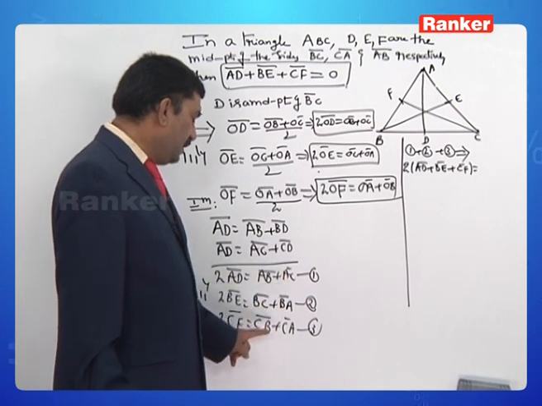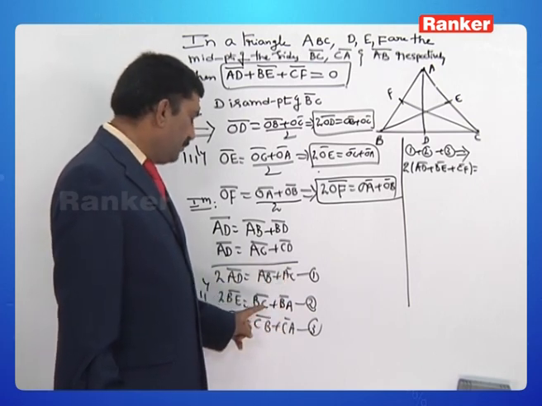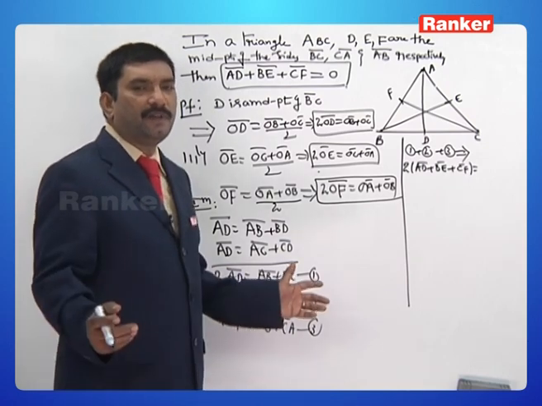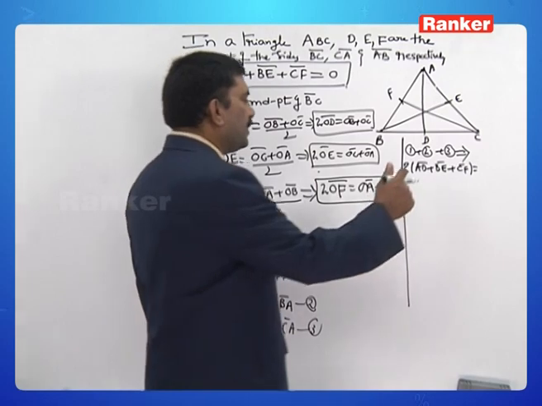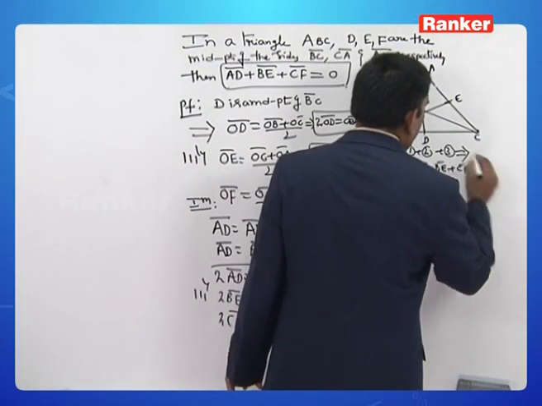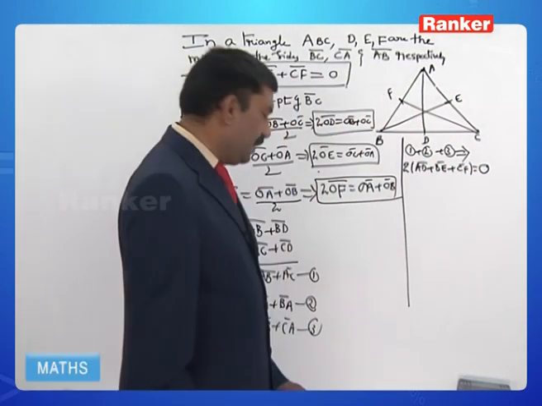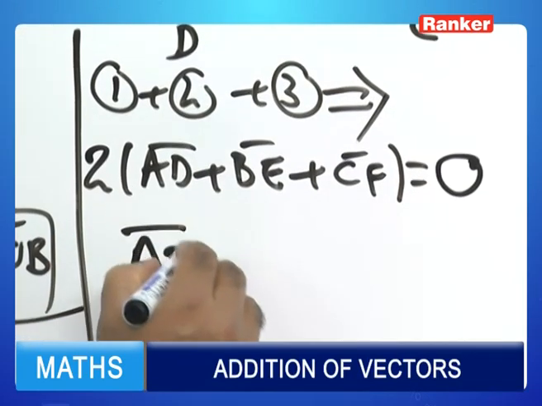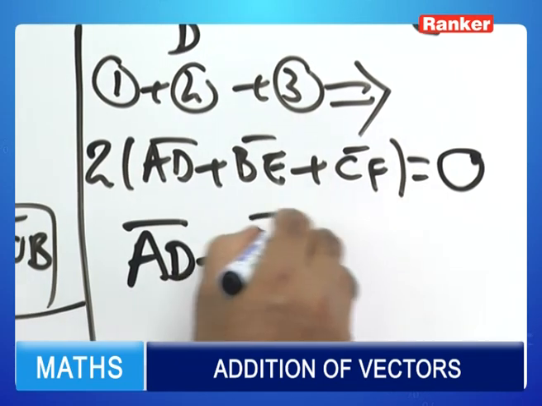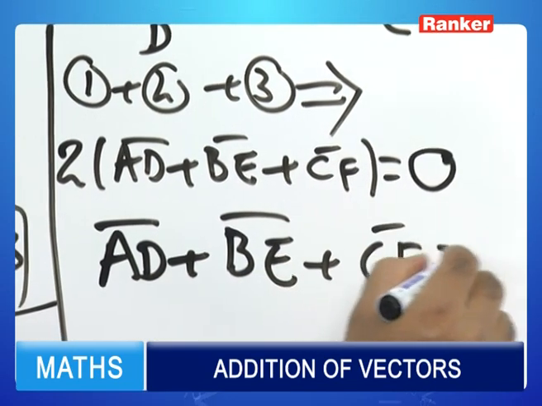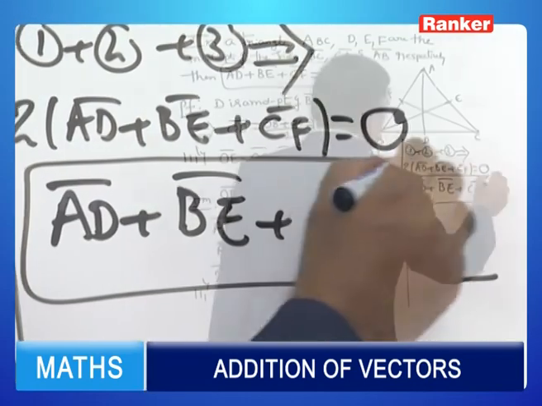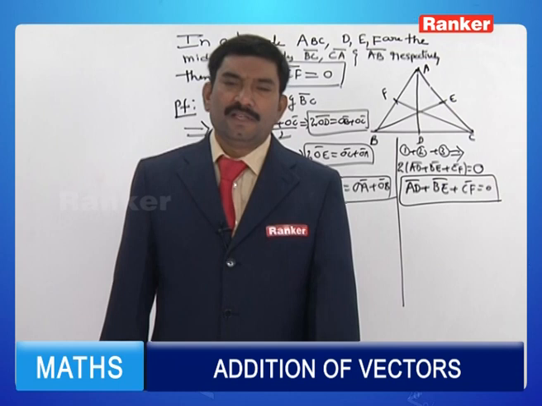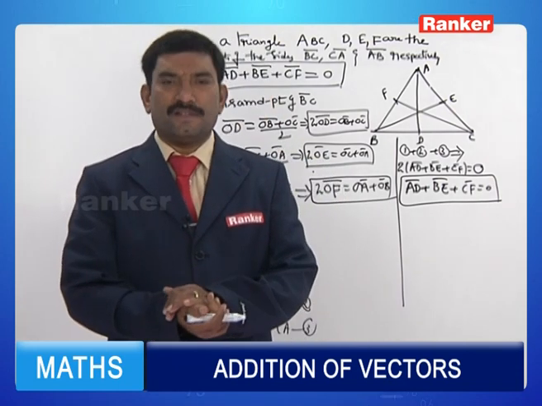Next AC bar, CA bar, change the direction. BC bar and CB bar, change the direction. So therefore, equal and opposite in direction, all vectors get cancelled. You get 0 bar, the addition of these vectors. Therefore, we could prove AD bar plus BE bar plus CF bar is equal to 0. Yes, the vector addition of the medians of a triangle is always a null vector.